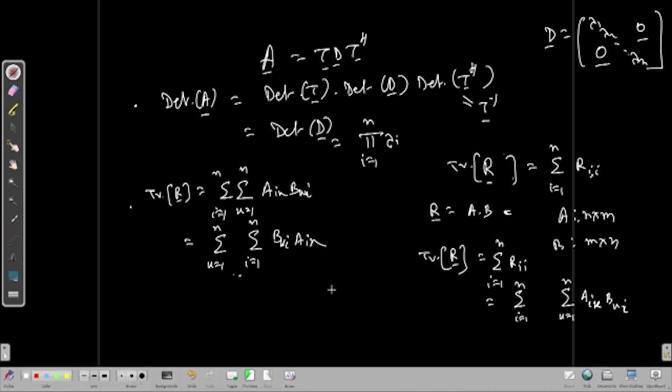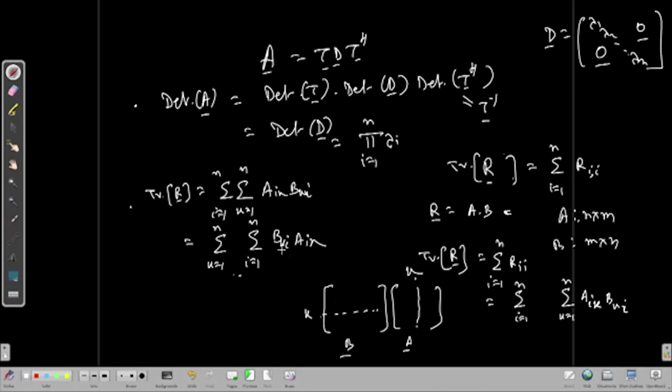Suppose I have, instead of AB, I had BA. The kth row and kth column. So, the product matrix I am finding out, say the k comma k entry, kth row kth column, multiplying will give me, if the product matrix is called G, G k comma k, the kth diagonal entry I am finding out. What will be the expression?